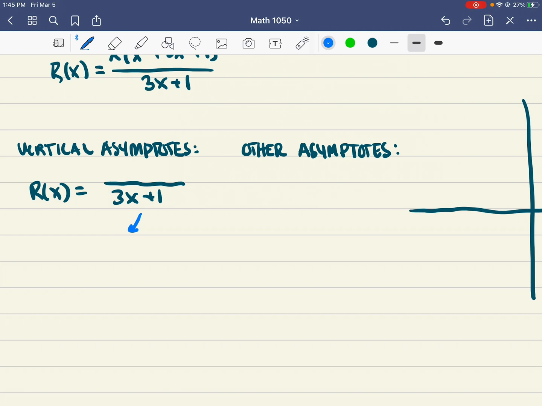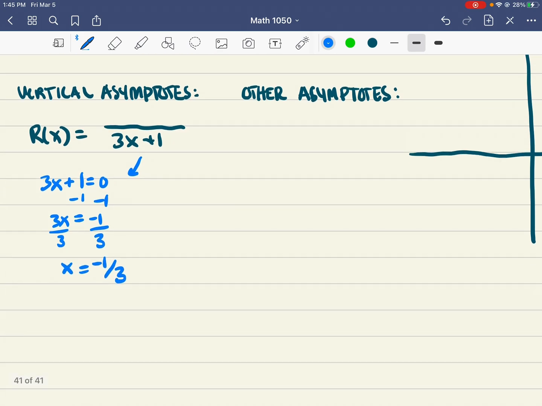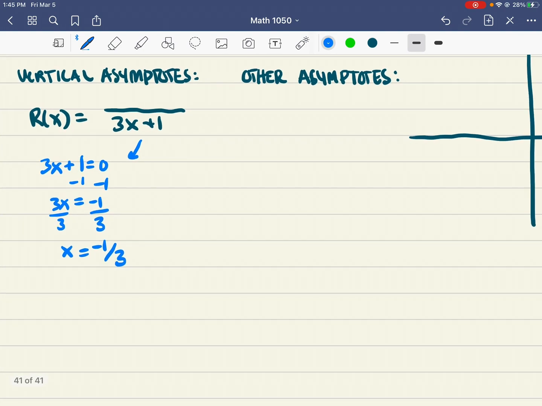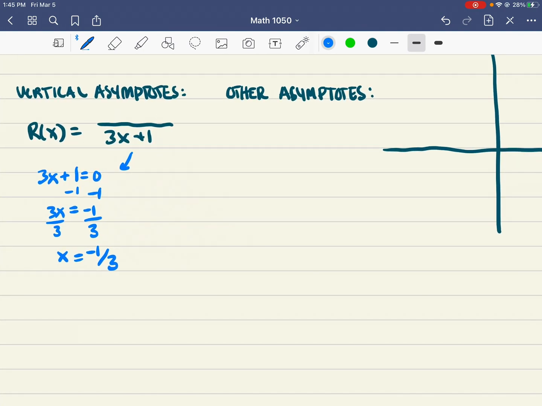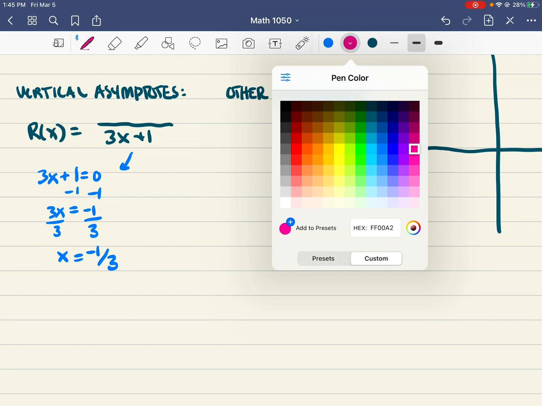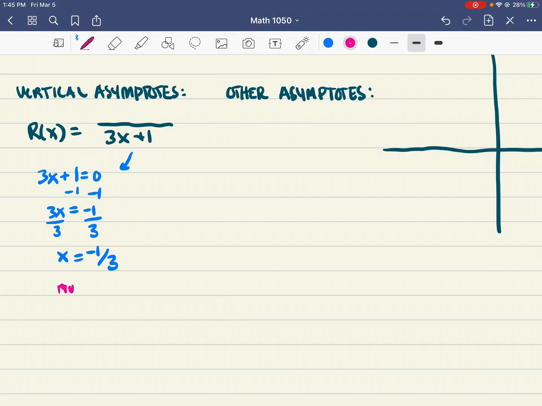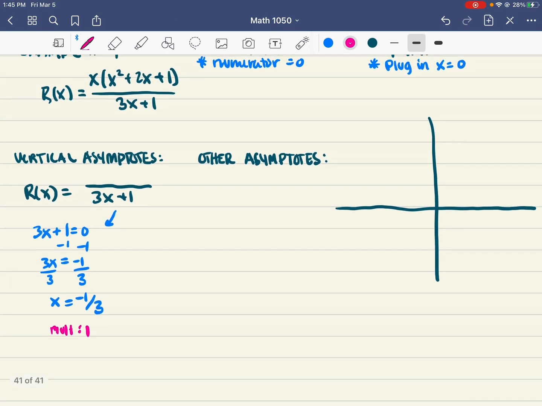So I'm going to just pay attention to the denominator, and I'm going to say that equals 0 at, and I will just do this math really quickly so you know what's happening in my head, at x equals negative 1/3. So there's going to be an asymptote at x equals negative 1/3. And it has only a single multiplicity, right? It only happens once. Multiplicity of 1.